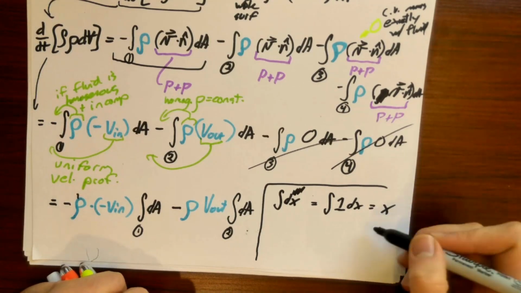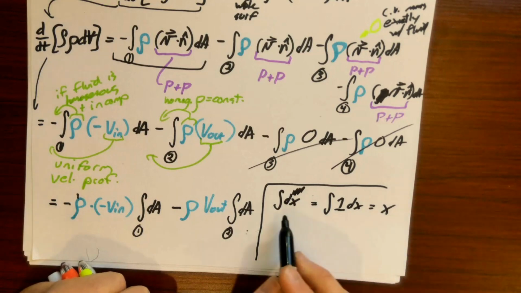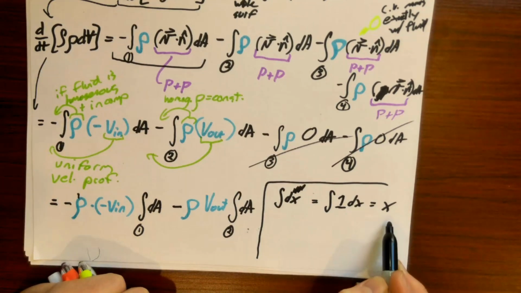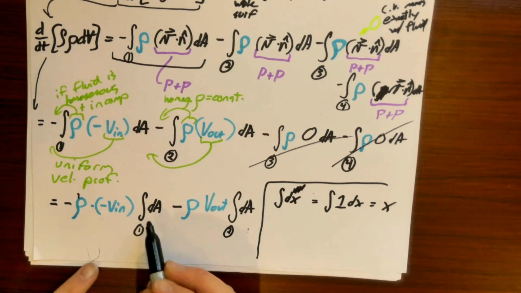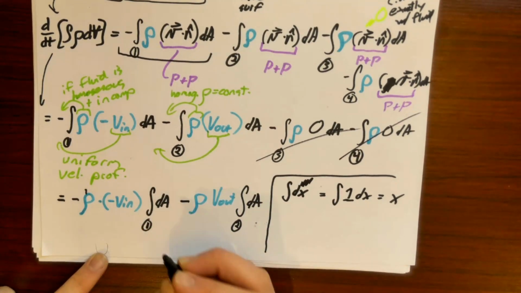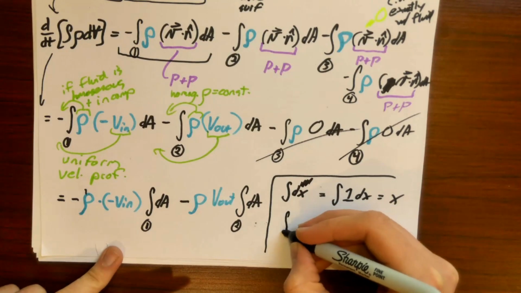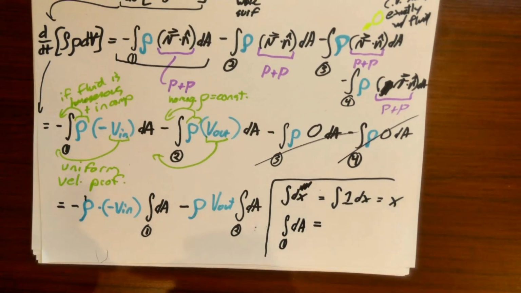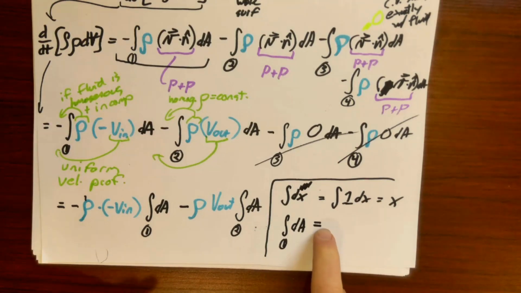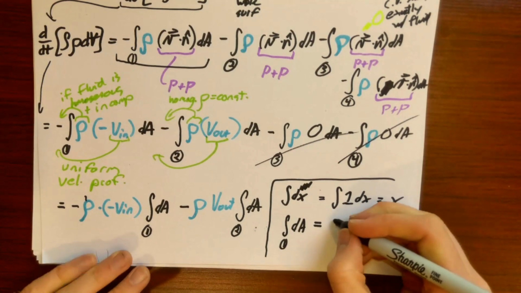I'm neglecting the plus c here. In this case, if you integrate dA, you get area. In particular, if you integrate dA over surface 1, then you get the area of surface 1.